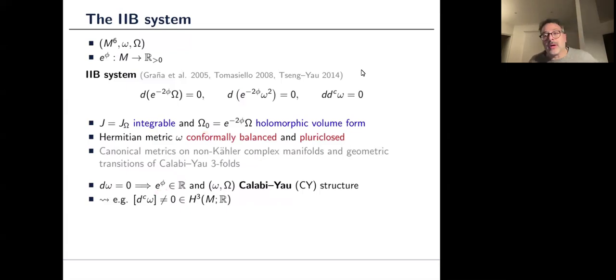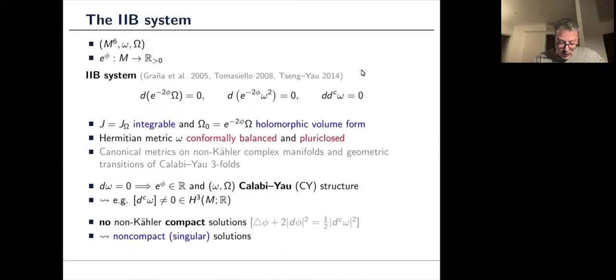If you want a non-Kähler solution, one possible way to guarantee that, and the main situation we'll have in the examples I'll describe, is to ask that d^c omega, which is a closed three-form, represents a non-zero class in de Rham cohomology.